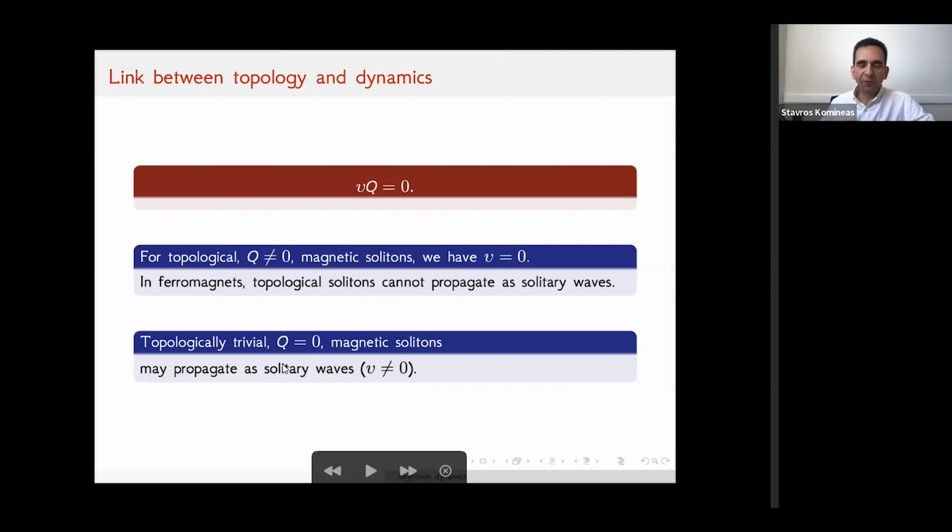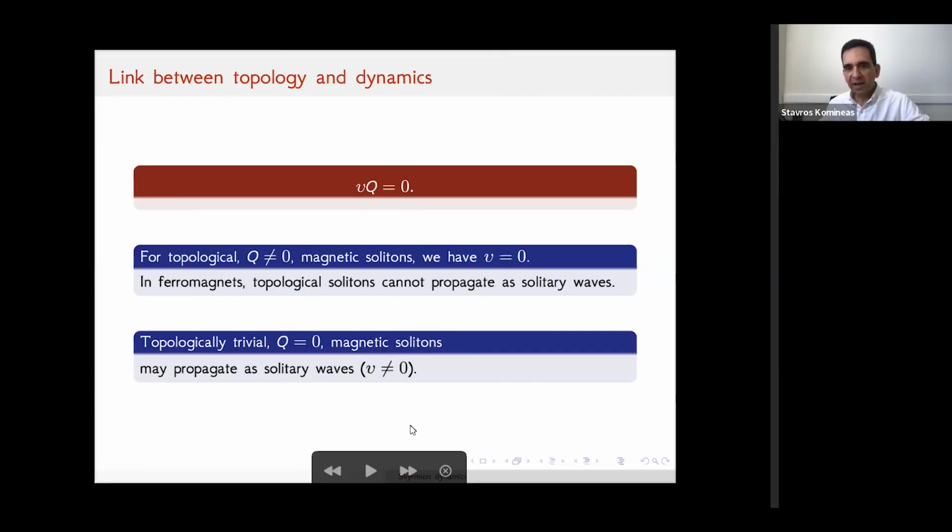On the other hand, if you have a topologically trivial Q equals 0 magnetic soliton, then, well, I don't know, because that would be 0 equals 0. Okay, fine. So I don't know, but it may have non-zero velocity. So that's the result. This is a possibility, not a result.